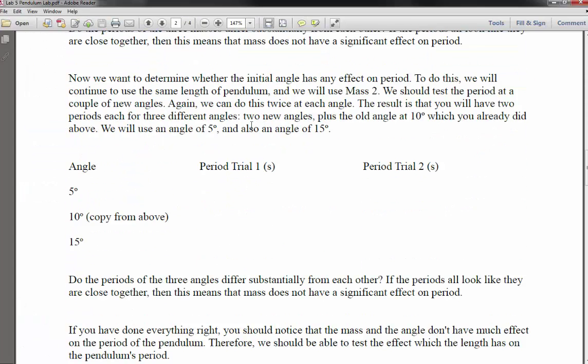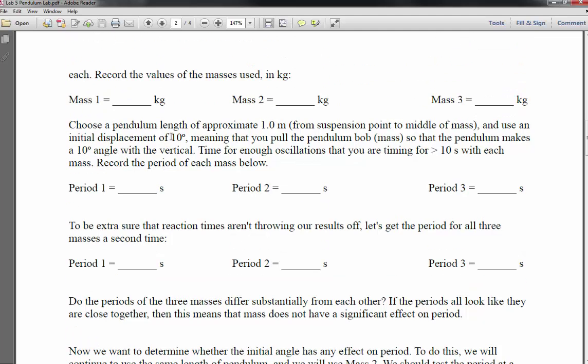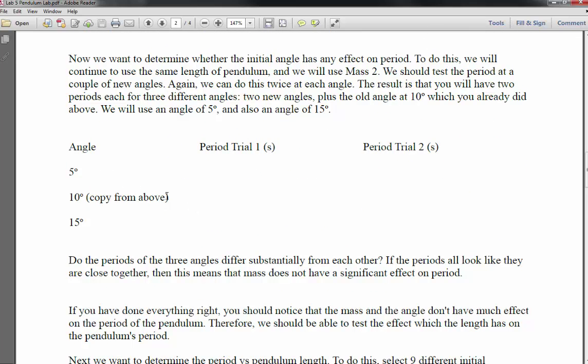The next thing that we want to do is look at the angle and what effect the angle has. So notice that up here we were doing a 10-degree angle. So that means that you can basically copy the answer that you had from up here for the period here and the period here.